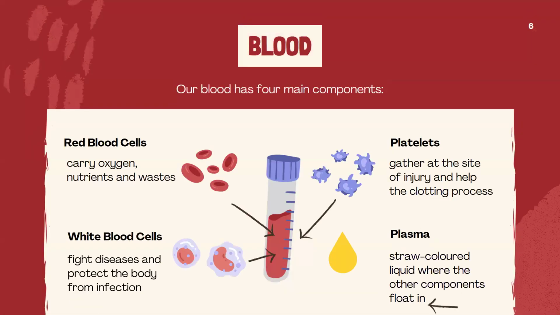Here you can see the blood. As we know, blood is a fluid connective tissue, in which we can see red blood cells. What is the function of the red blood cells? We studied in respiration that red blood cells have a respiratory pigment called hemoglobin, which can bind with oxygen, and this oxygen is carried by the red blood cells. We can also see white blood cells, platelets, and the plasma.